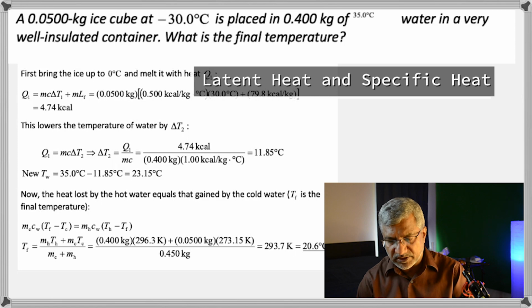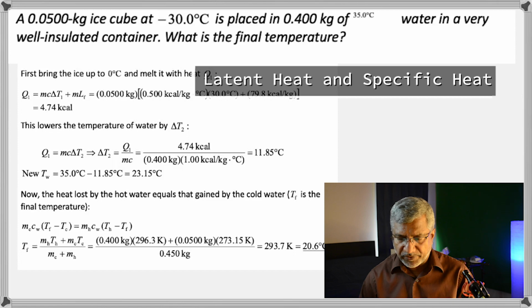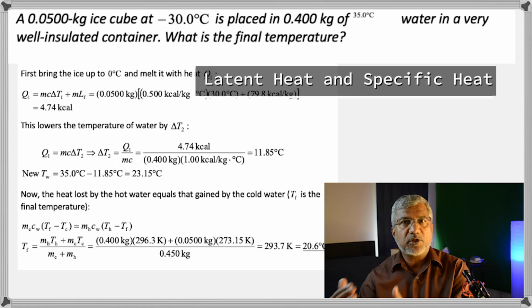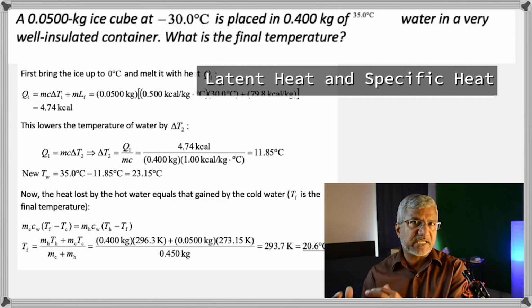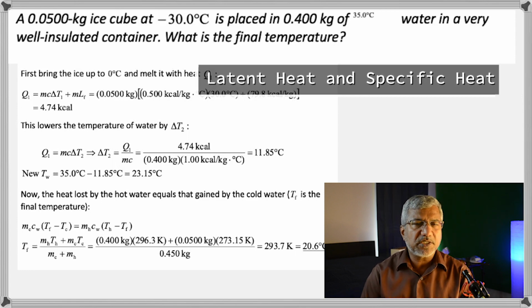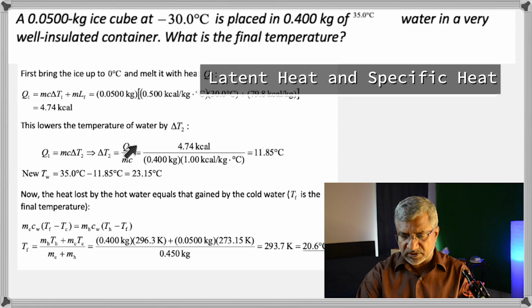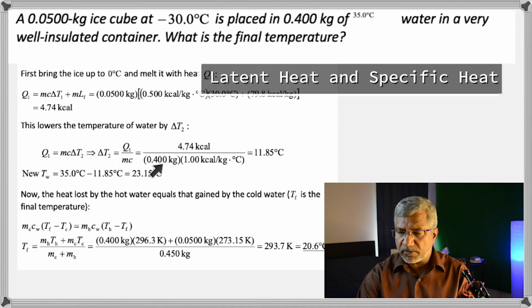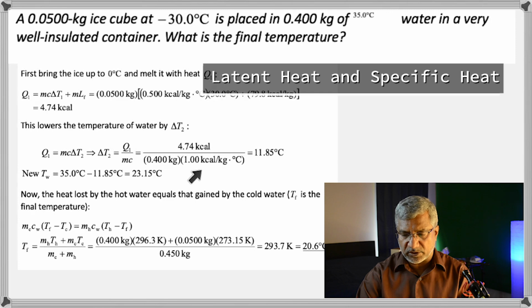This is going to lower the temperature of water by something. We don't know that. That's what we're trying to find. Remember, the water in the insulated container is losing heat because the ice is getting heat from there. So the water is going to cool down. Let's find out how much it cools down. So it's normal cooling: Q is equal to m c delta T, where Q1 we just got. This is the heat lost by the water, divided by the mass of water in the container, 0.4 kilogram, and that's the specific heat of water.